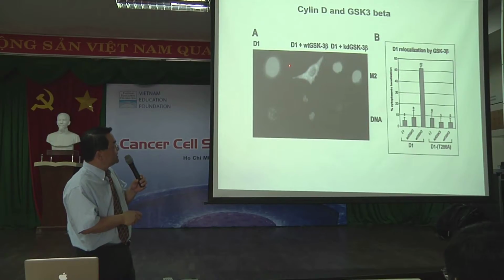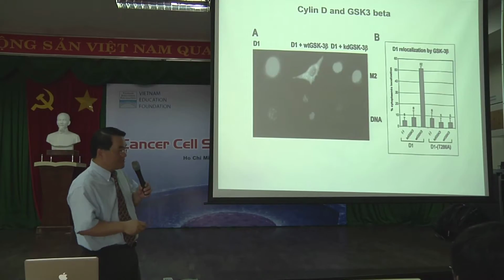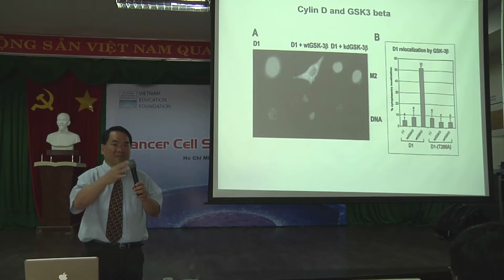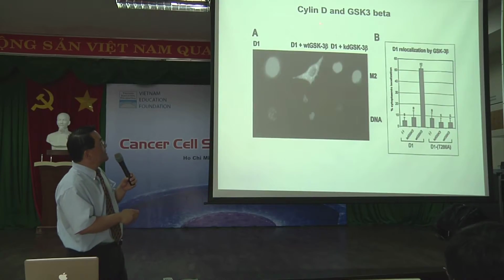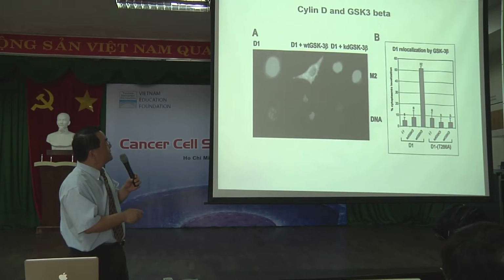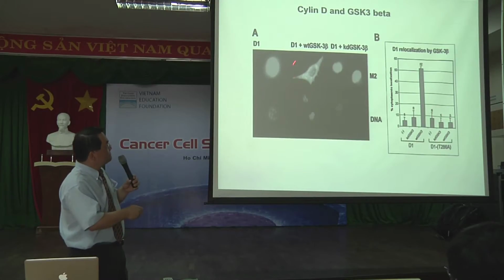As you can see here, cyclin D is mislocated from the nucleus to the cytoplasm if the activity of GSK3 beta is activated. This is cyclin D1 alone. This is cyclin D1 plus another kinase together.